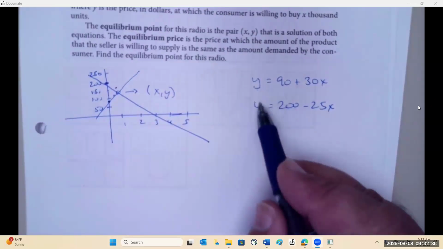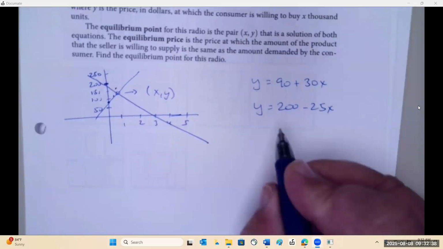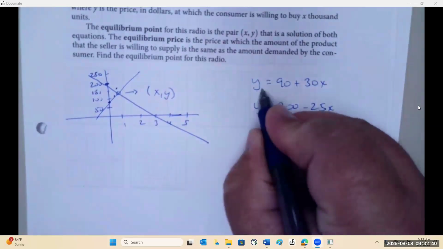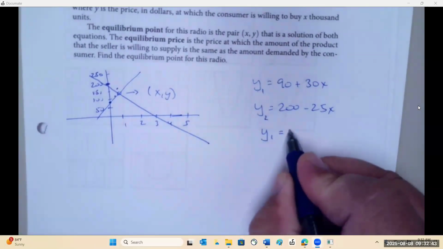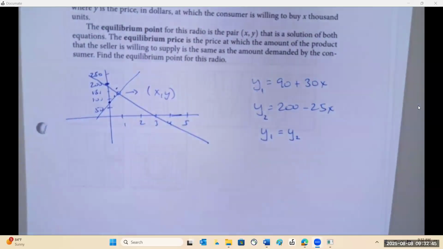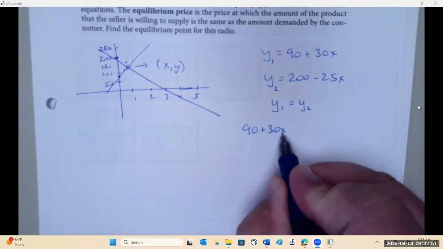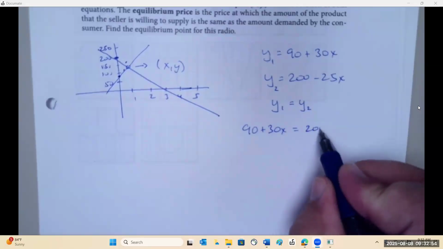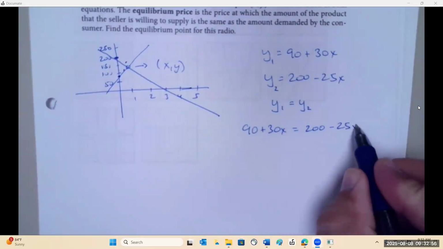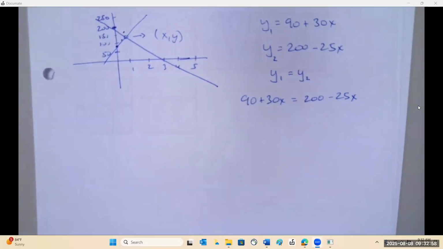Since they're both equal to y, the y's are the same values. Let's call this one the y1 line. Wouldn't y1 equal y2 if they're the same letter y? So we can do that. We can solve for y and set the equations equal to each other. So we have to get all the x's to one side, non-x's to the other.